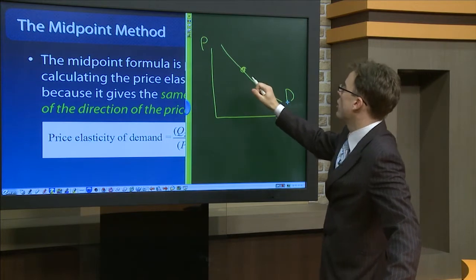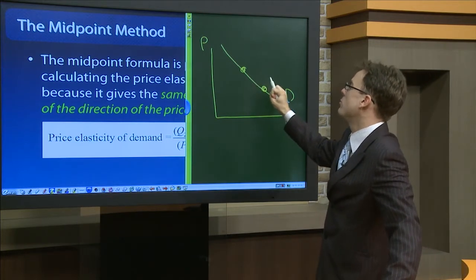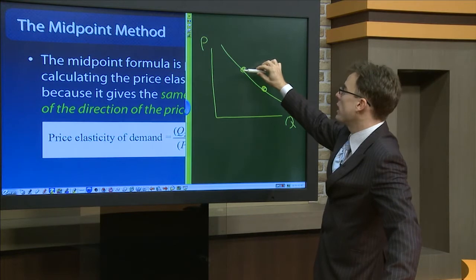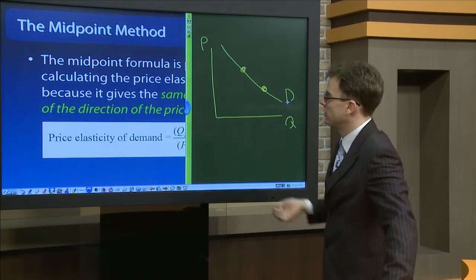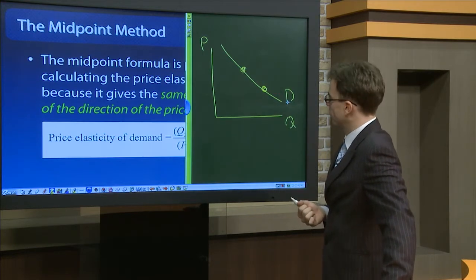We may want to know by how much exactly quantity demanded increases when price falls by a certain percentage.